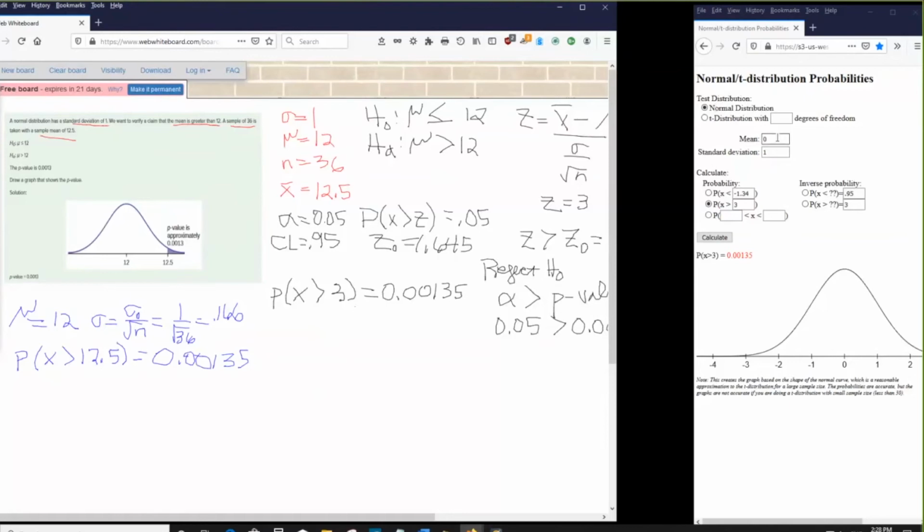So let's see what that looks like. If I put in the mean of 12 and a standard deviation of 0.166 and ask, what is the probability x is greater than 12.5? Get rid of all of these extra numbers.